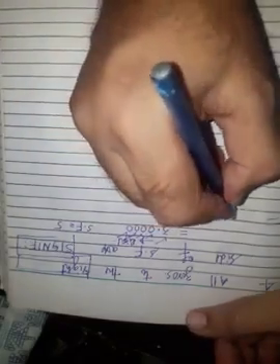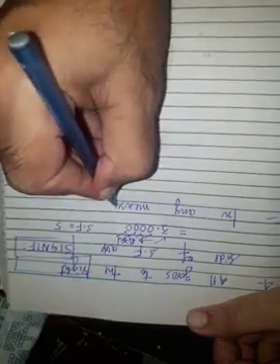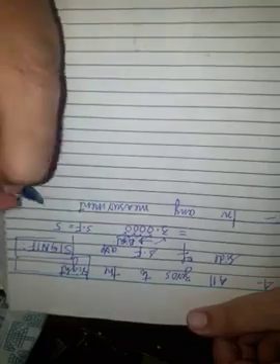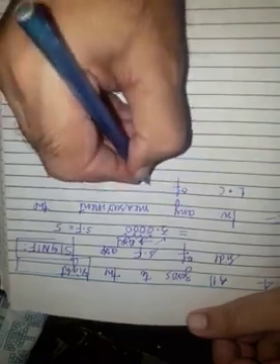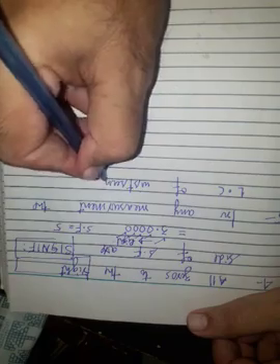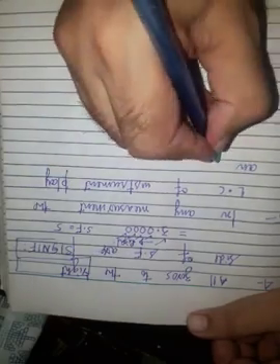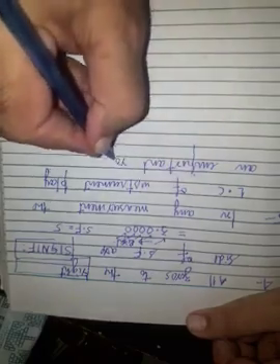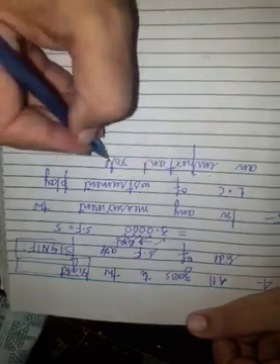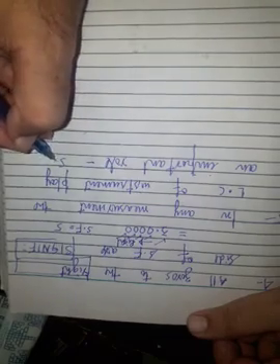Now rule number 5. In any measurement, the least count of instrument plays an important role related to significant figures.